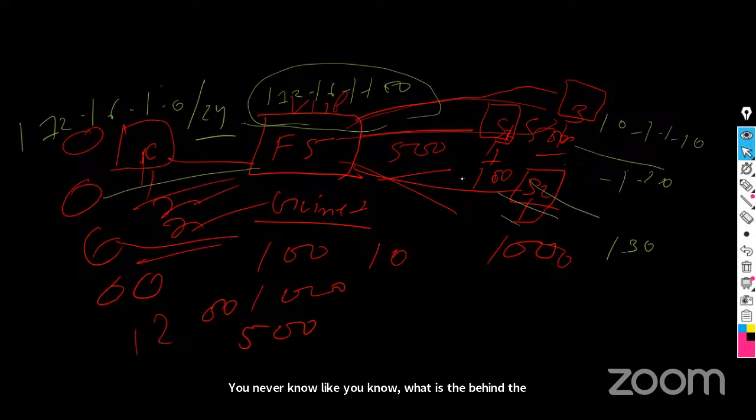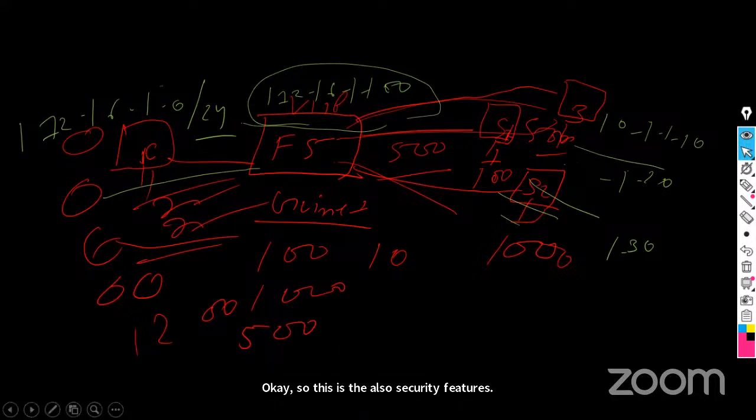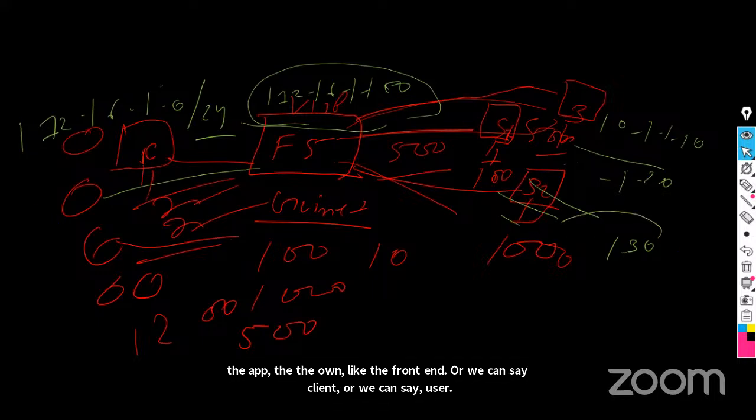So this is also a security feature. The front end, or we can say the client or user, never knows the exact IP of the servers.